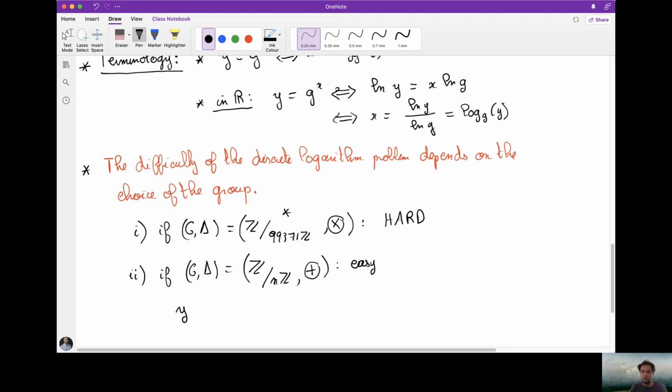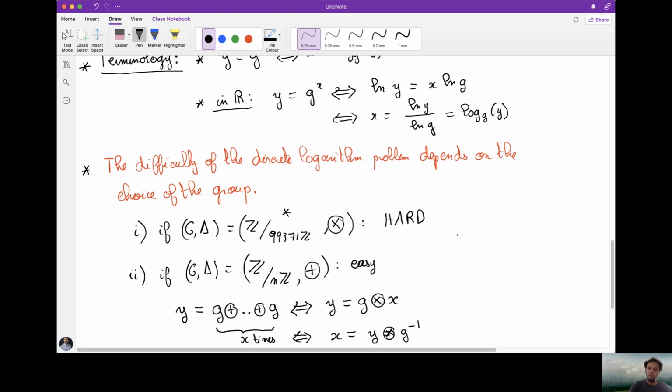So I give you y, I fix g, and I want to find how many times should I compose g with itself, x times, such that it produces y. But if you notice, when we're doing addition, this is exactly the same as asking the question y equals g times x, right? And this is very easy to solve because the solution here is simply that x is equal to y times g to the minus 1, the inverse of g.